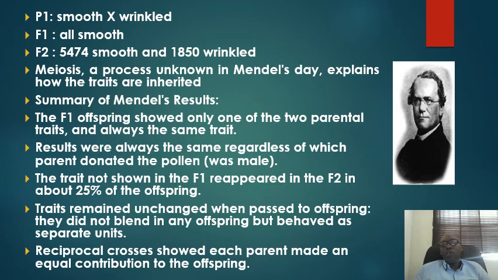Now, it's interesting to note that meiosis, which was not known during the time of Gregor Mendel, explains how the traits are inherited. Segregation takes place, the separation of the gametes, especially at metaphase, when the homologous chromosomes line up on the spindle fiber, segregate and assort themselves independently.